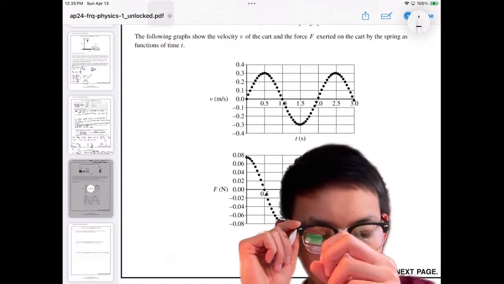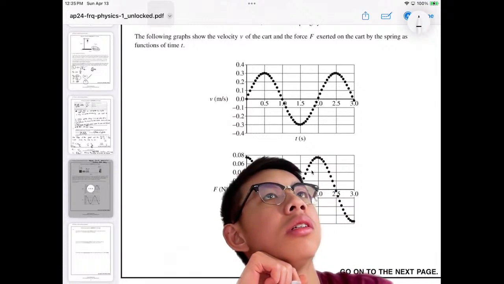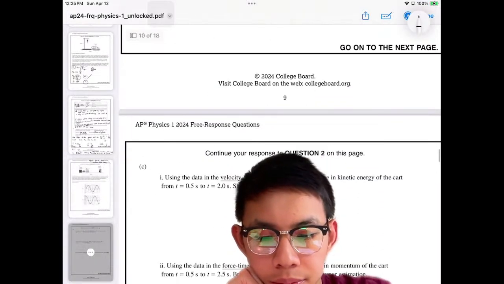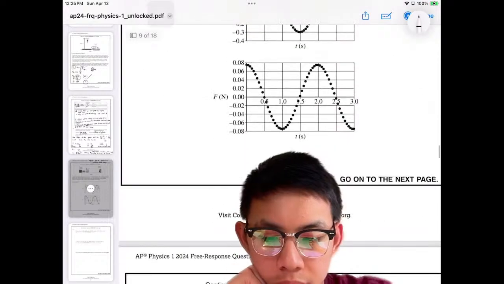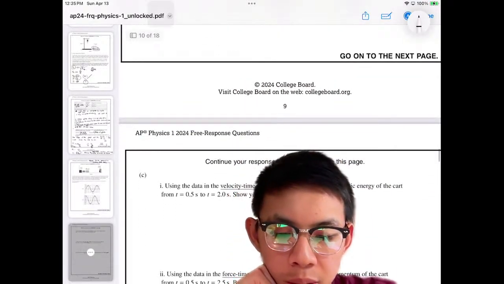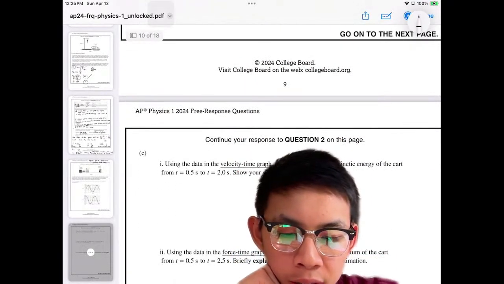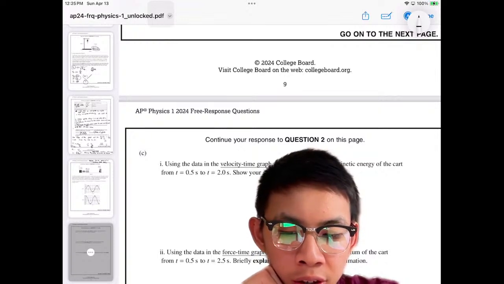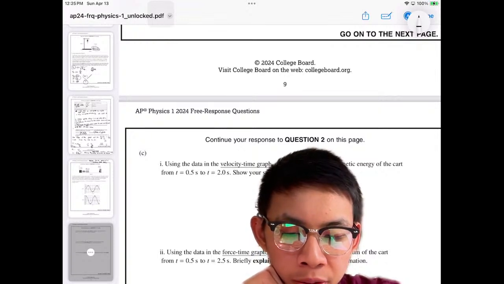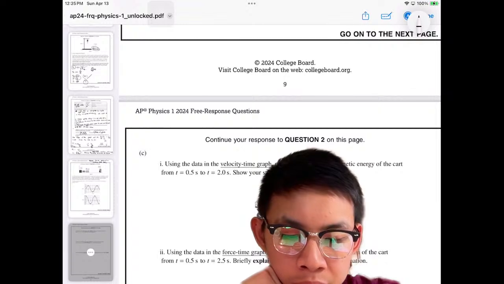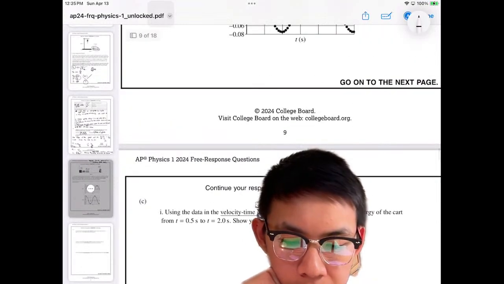At equilibrium, no force, that would be the highest velocity. C. Using the data table from the velocity time graph, calculate the change in kinetic energy of the cart from time t equals 0.5 to time t equals 2.